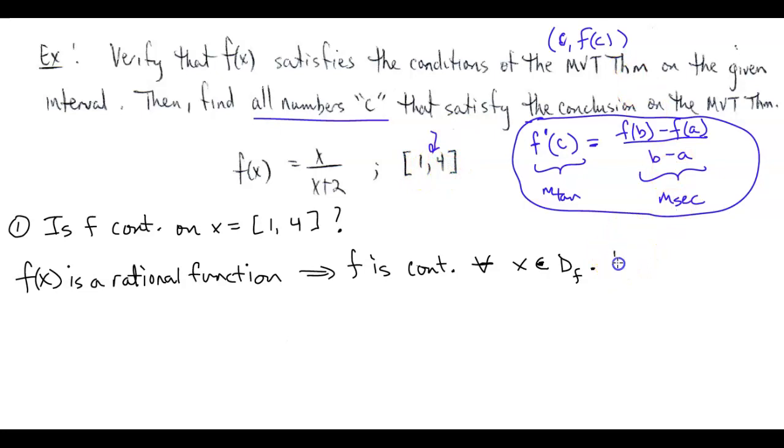Okay. Well, the domain of this particular function here is going to be all real numbers except for -2. I'm just going to write it like that. And that's -2, by the way.